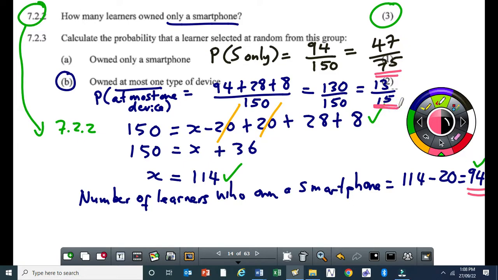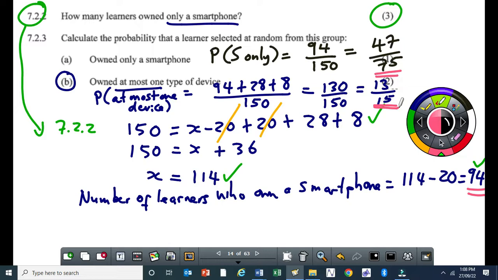Also, we could subtract the probability of those who own 2 devices from what? From 1. We say the probability of owning at most 1 device will be 1 minus the probability of owning 2 devices. When you do the subtraction, you come to 130 over what? 150.